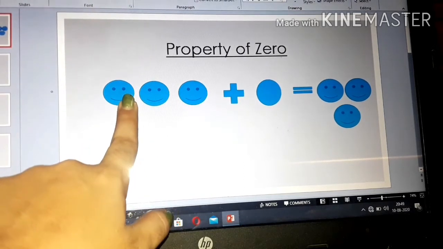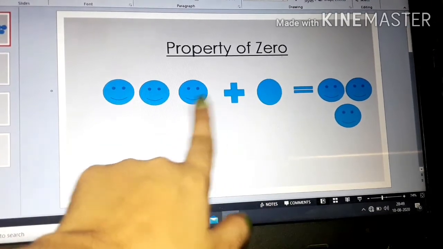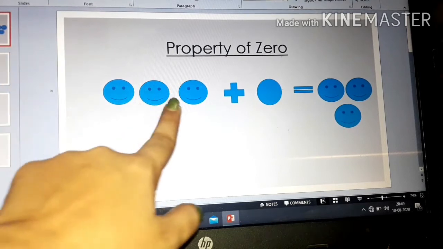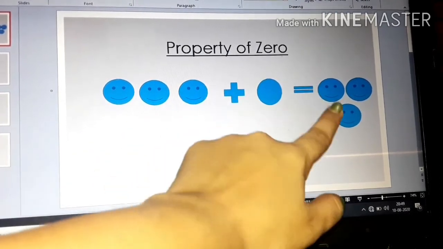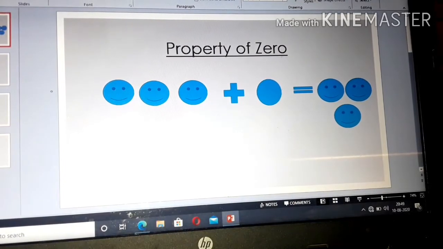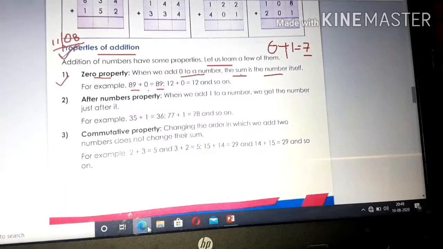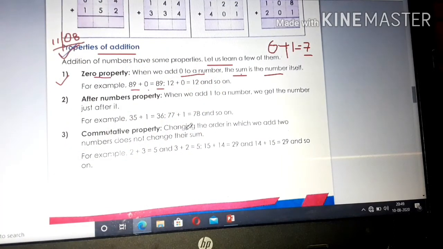So this is the same. When 0 is added to any number, the sum is the number itself. You see, when 0 is added to 3 smileys, the answer is the 3 smileys, isn't it? So when 0 is added to any number, the answer is the number itself. Is it clear?